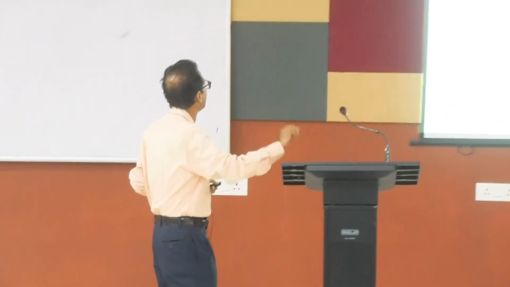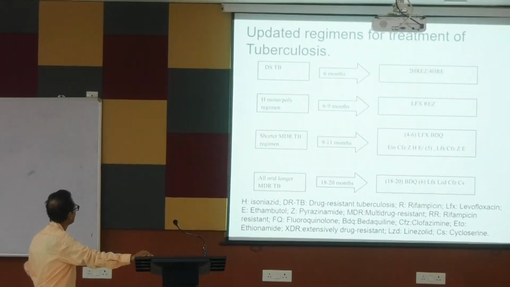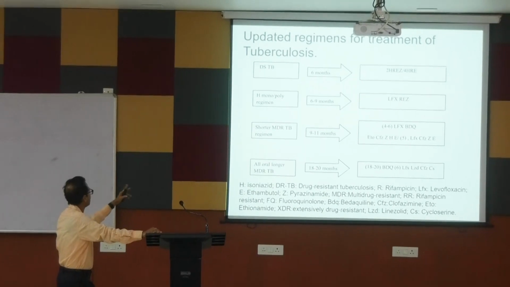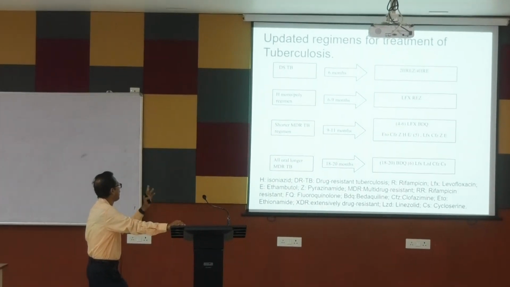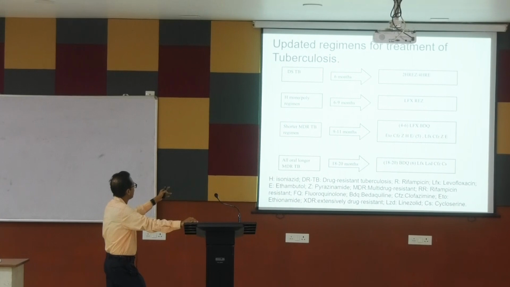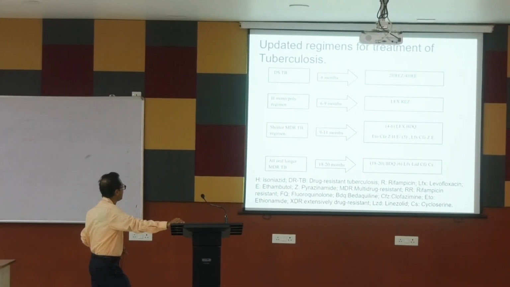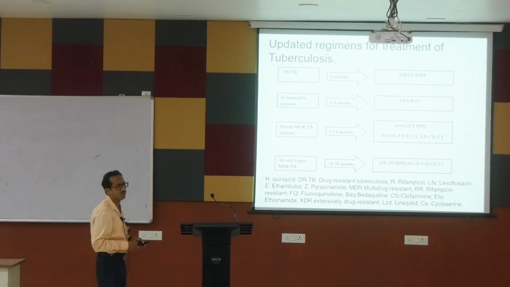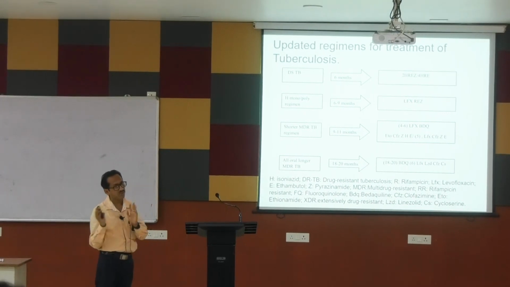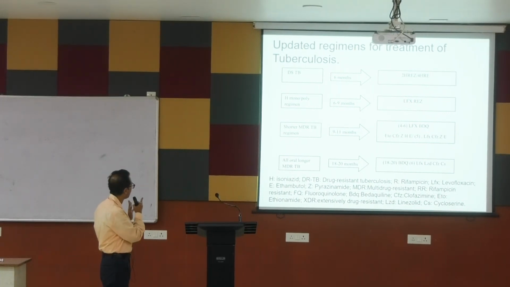And what is the bedaquiline regime? Shorter bedaquiline regime for 9 to 11 months, and all oral longer MDR TB regime for 18 to 20 months. So the duration of treatment is 9 to 11 months in case of shorter bedaquiline regime, and for longer regime 18 to 20 months.